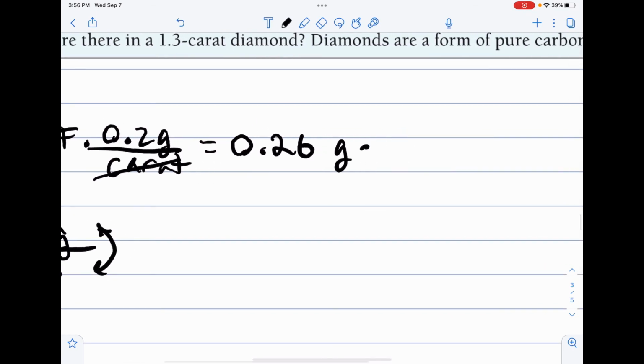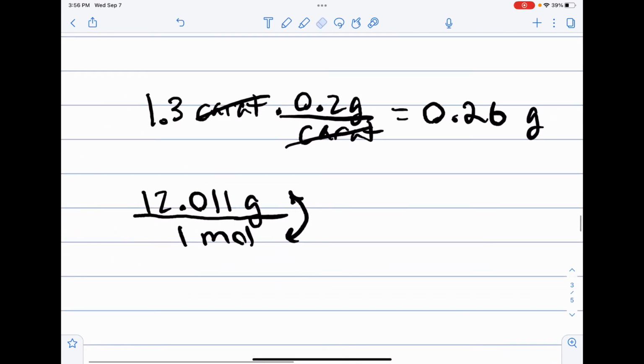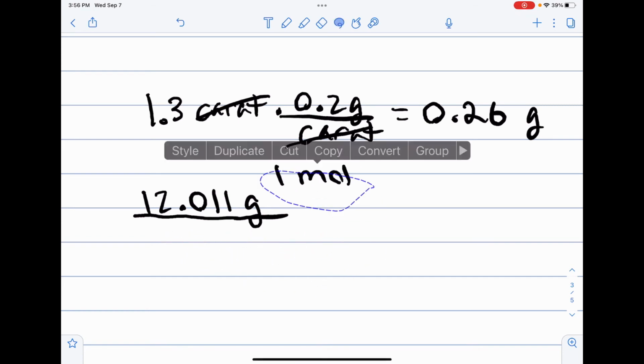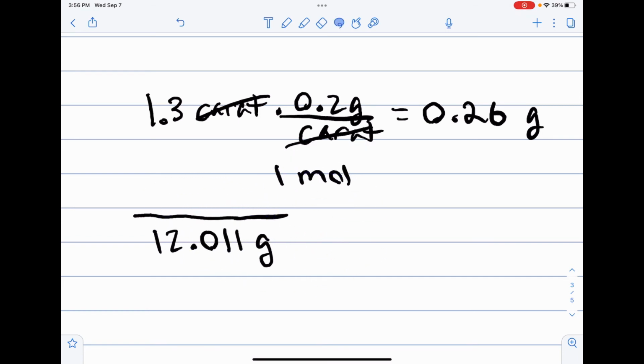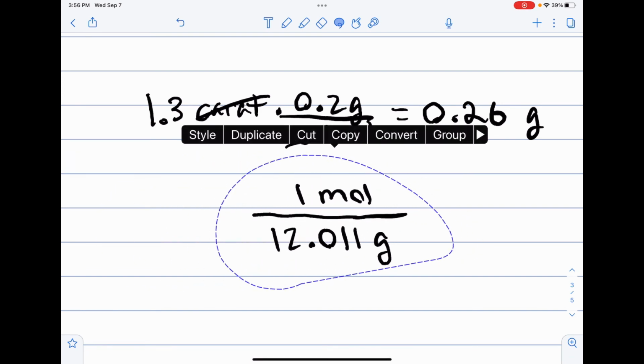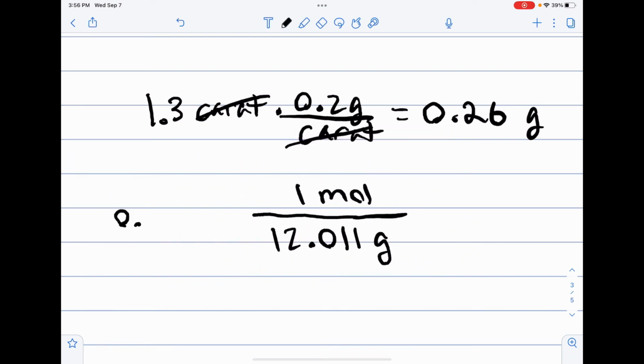Because we're going to have times 1 mole, I'm going to start a new line, and we can just flip this around. So just take the bottom, put it on the top, take the top, put it on the bottom, and we're going to multiply. And the grams cancel out, top and bottom, and the mole is on the top.